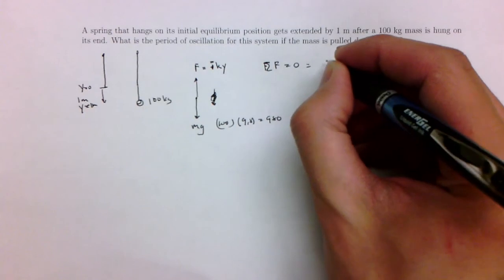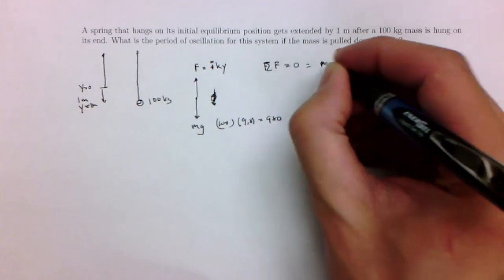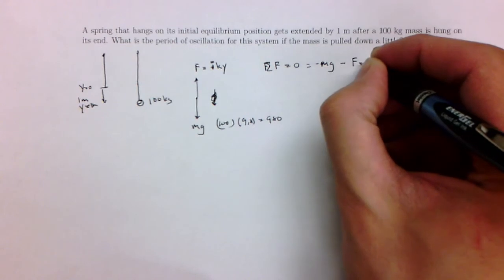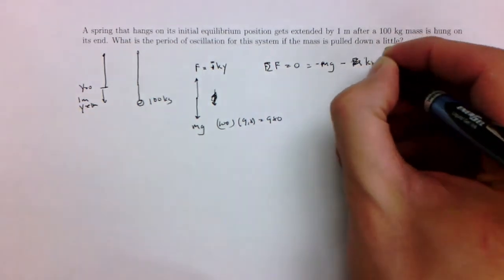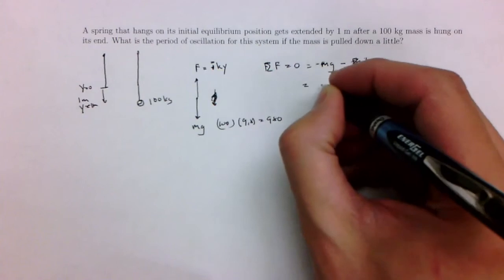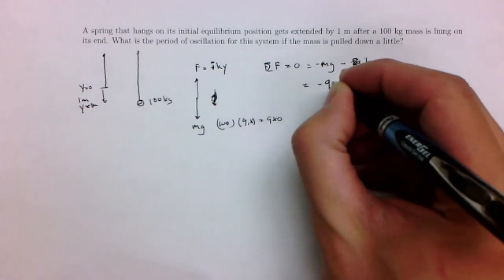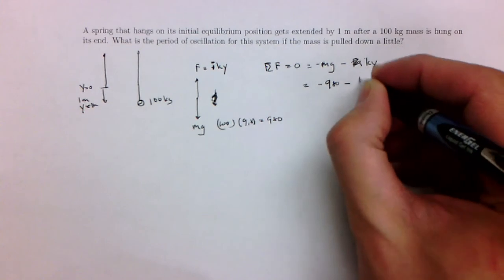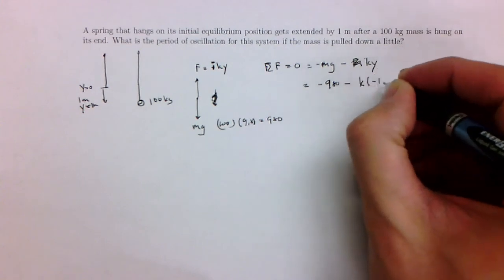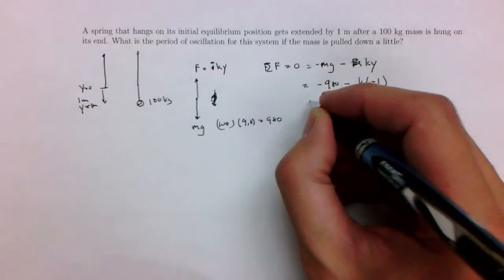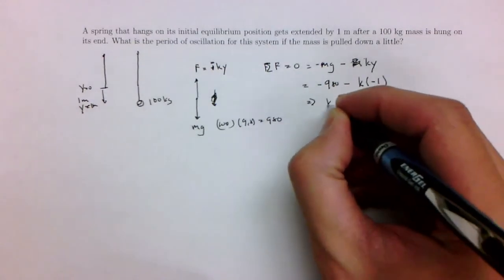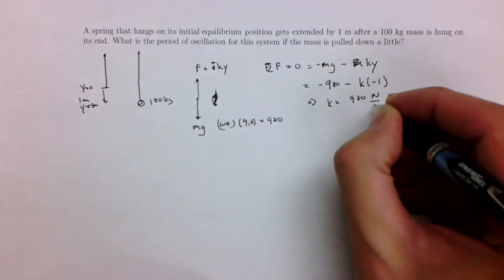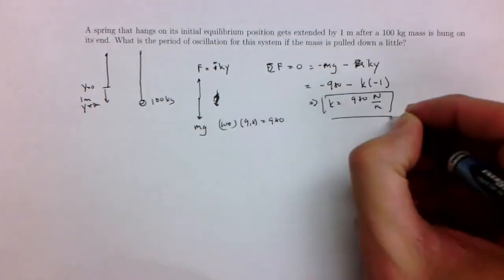So this is going to be mg minus F, minus ky, which is equal to minus 980 newtons minus k, whatever we need, times minus 1, which is minus 1 meter. So that means that k is equal to 980. You write units, newtons per meter. So that's the first thing we need.